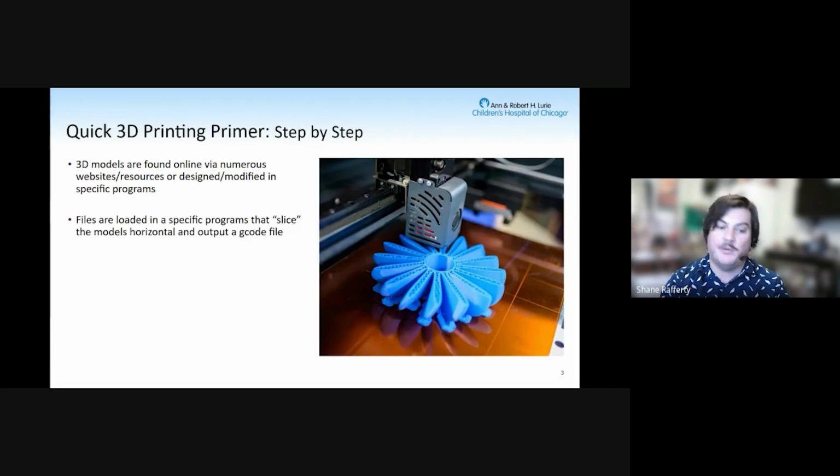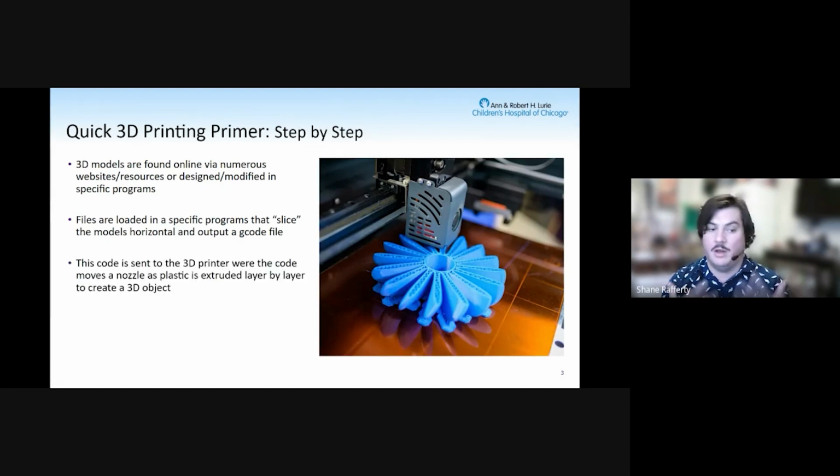You then bring that into a program called a slicer, which takes that 3D model and slices it horizontally, because that's how the printer works. It prints one layer, moves up a tiny bit, like 0.2 millimeters typically, prints another one, and another one. These slicer programs will tweak that depending on your printer settings and turn it into a G-code file, which you then load into a 3D printer, and then it will print that layer by layer, as I mentioned before.